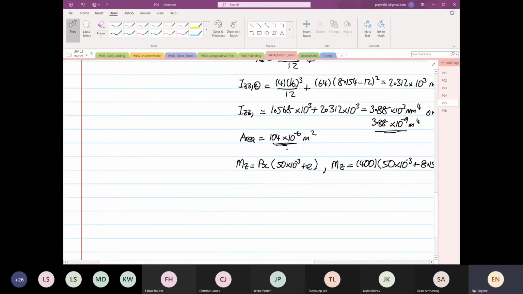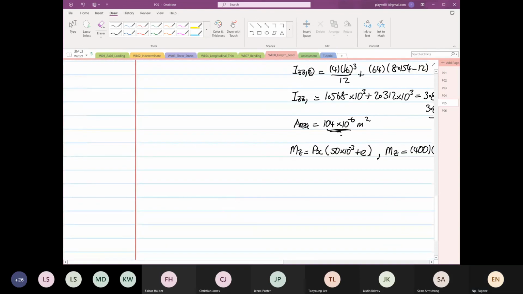So now I'm going to find point A and point D. Stress X at point A will be equal to the load, which is 400, and it's going to be tensile, positive, divided by the area, 104 times 10 to the power minus 6.